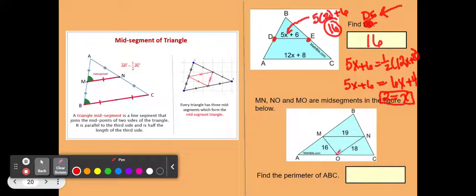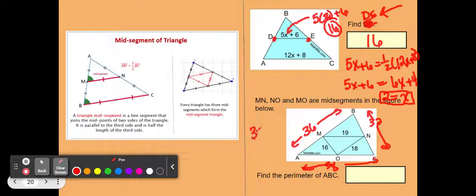So, if NO is 18, that means AB must be twice that, or 36. If MO is 16, then BO must be 32. And the base at the bottom, if MN is 19, then the bottom must be twice that, or 38.